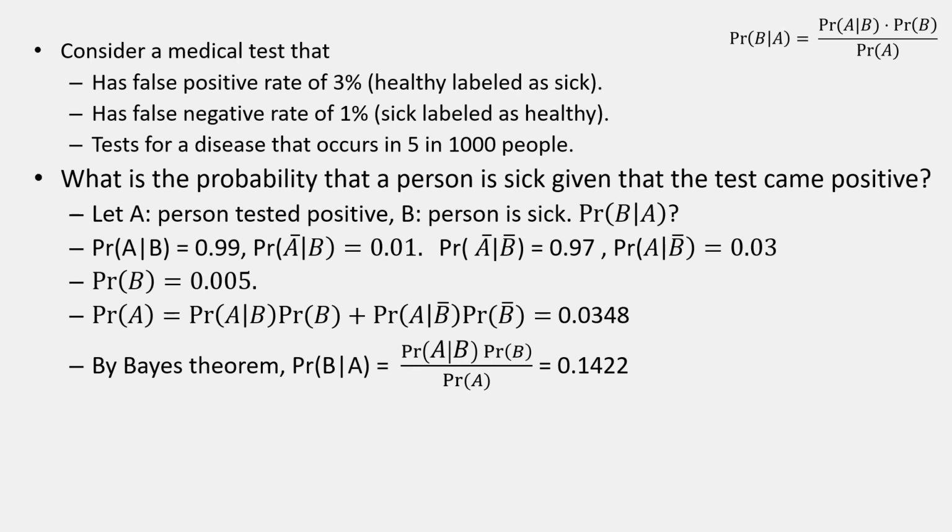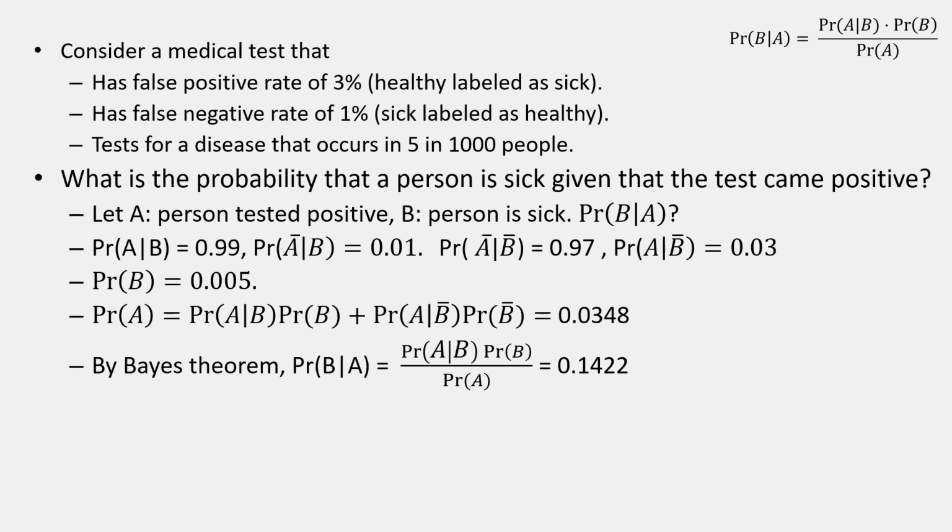Now we are ready to plug things into the Bayes theorem. We have the probability of A, we have probability of B, we have probability of A given B. Plugging them in, we get the probability that somebody is sick given that the test came up positive is about 0.14. So here's the conclusion.